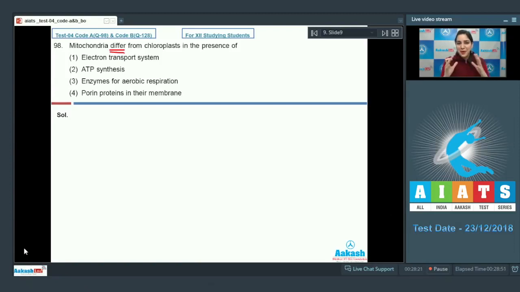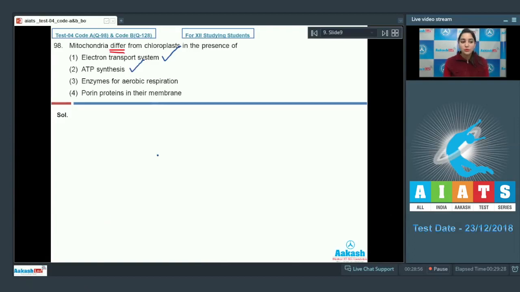If you don't remember the facts correctly, just go back to the class where you learned about photosynthesis, the dark reaction and the light reaction. In light reaction, we learned that there is a proper flow of electrons, where we learned about cyclic and non-cyclic phosphorylation. So yes, electron transport system is seen in both of them.